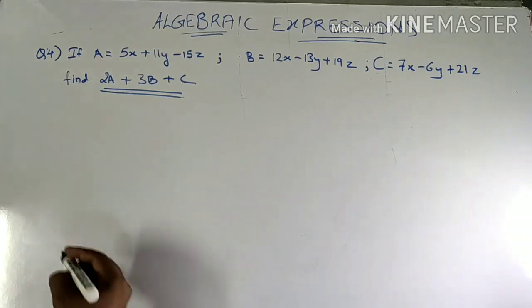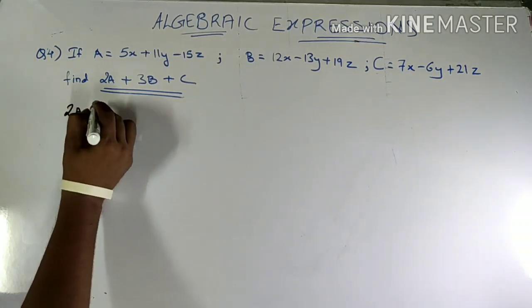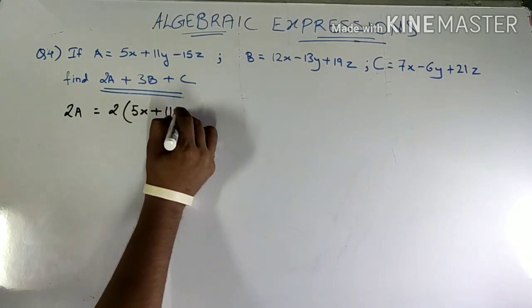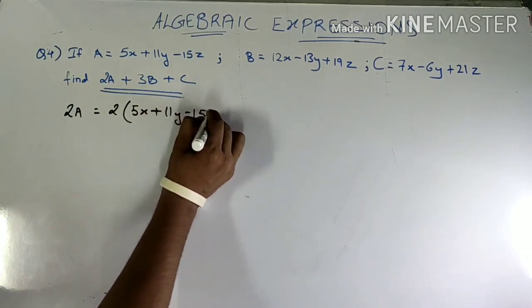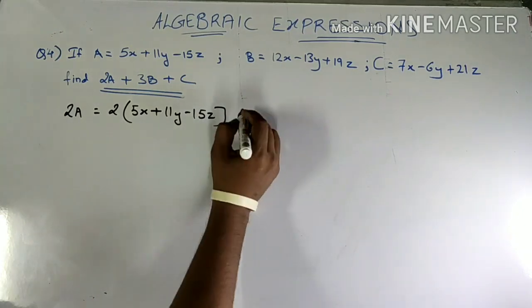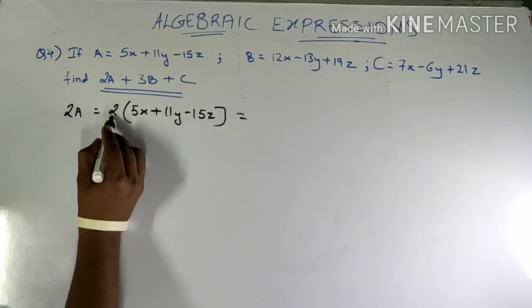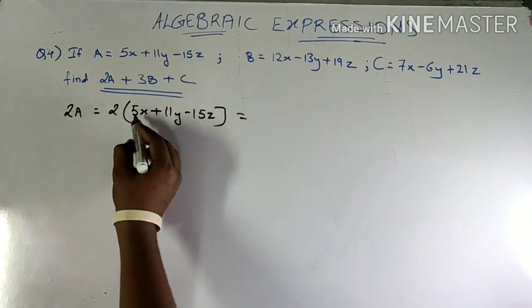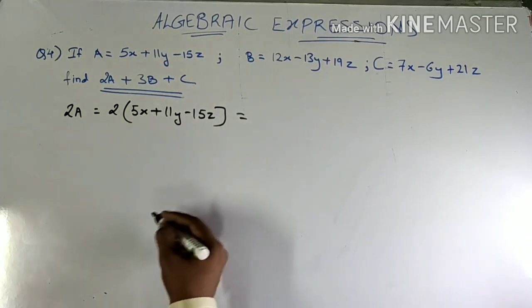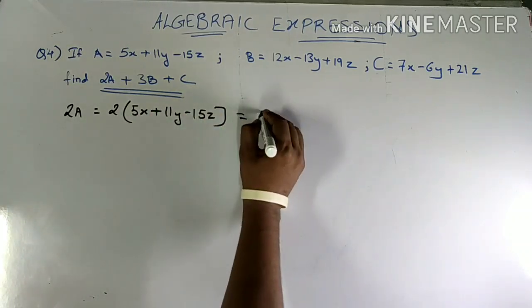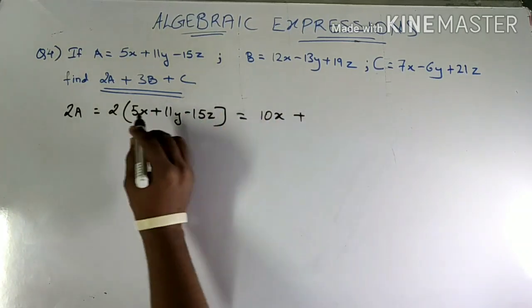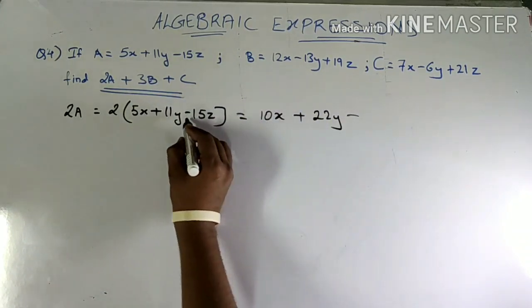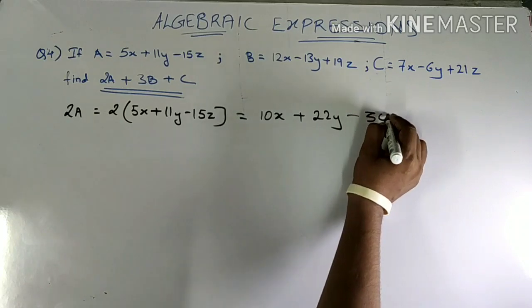So let's begin. 2a is nothing but 2 into the first algebraic expression. The 2 will be multiplied to all the terms inside, irrespective of their signs, and irrespective of the terms or the variables that they have. So 2 into 5 is 10x, plus 2 into 11 is 22y, 2 into minus 15 is minus 30z.